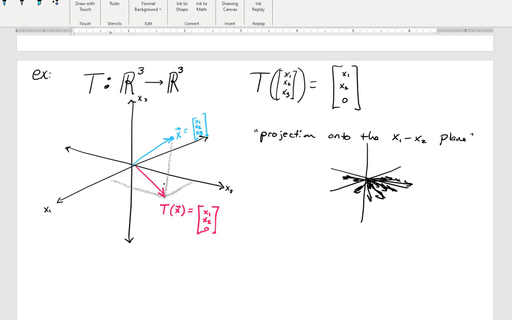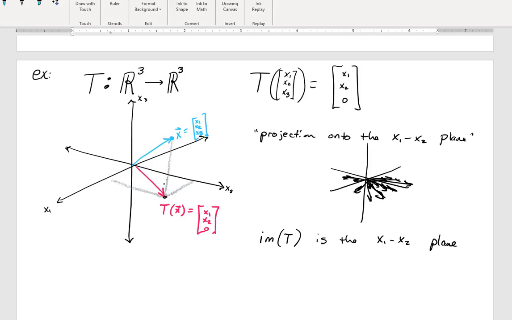Eventually, I would color in the entire x1, x2 plane with endpoints of vectors. Eventually, the entire plane would be carpeted, blanketed with endpoints of vectors whose z-coordinate is 0. That's the image, the set of all possible outcomes. So the image of this transformation is the x1, x2 plane, the xy plane.